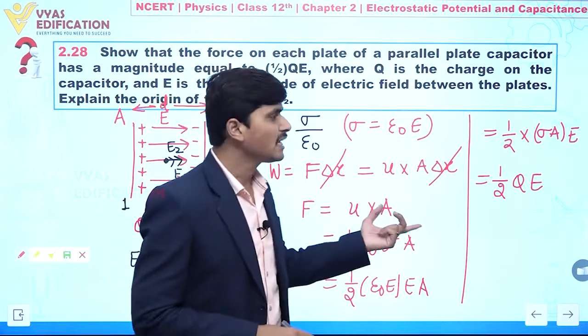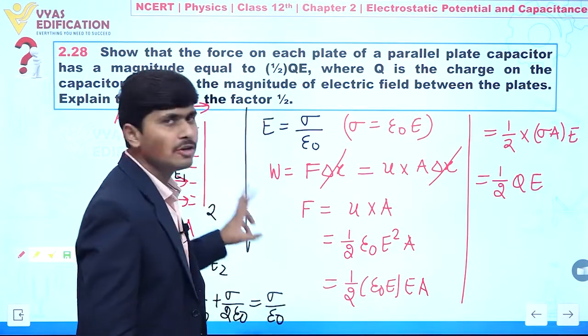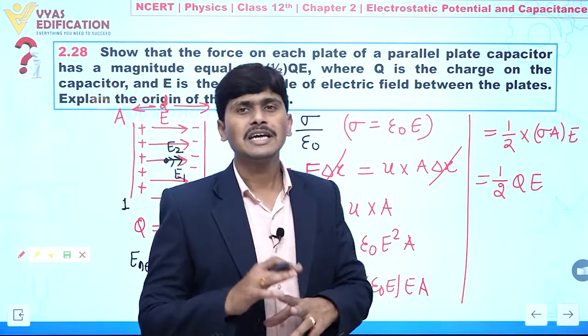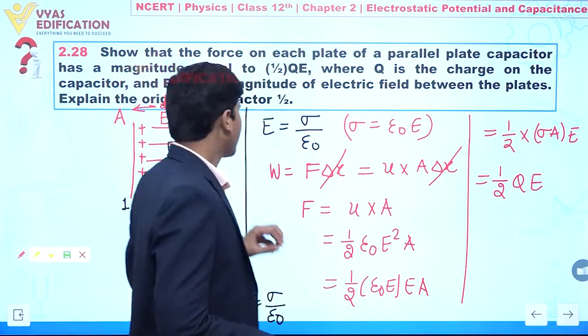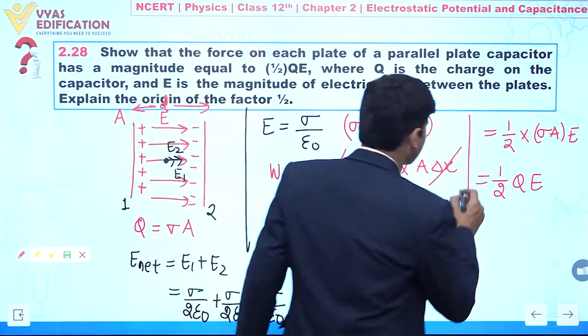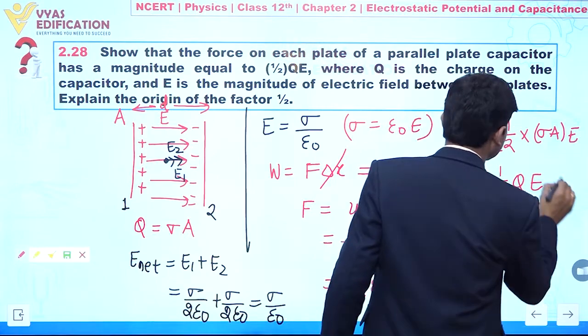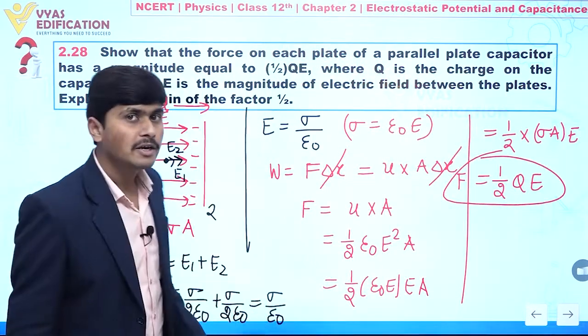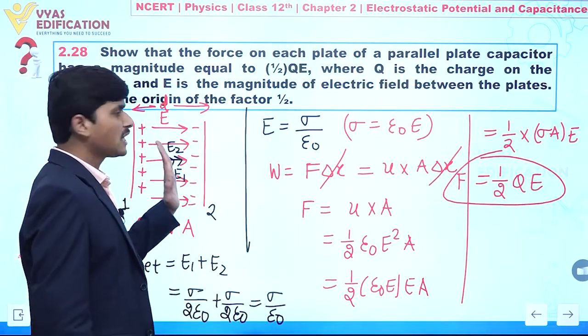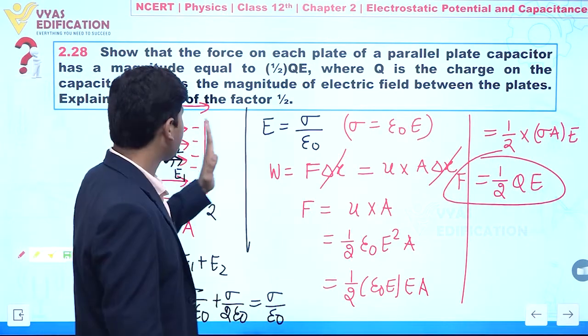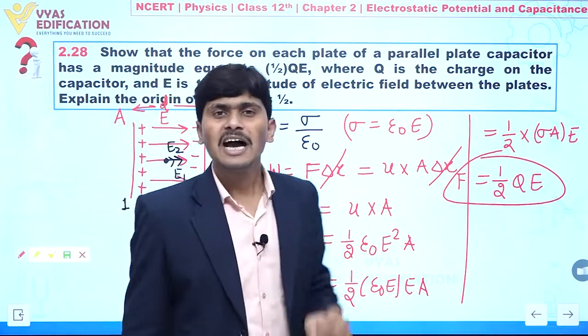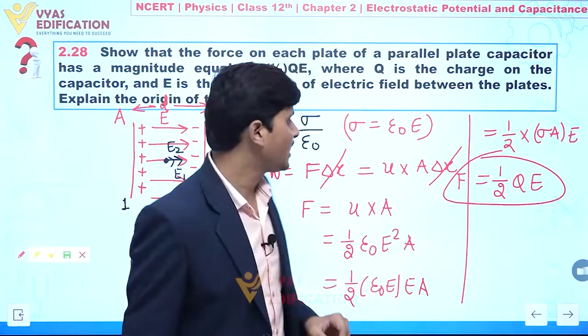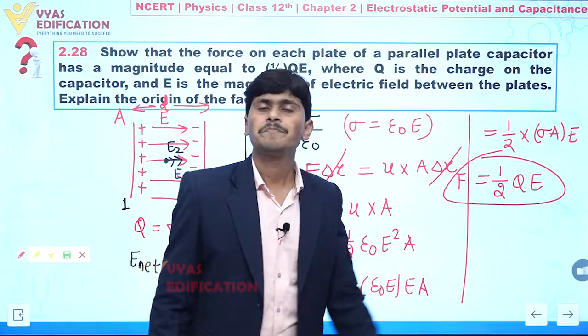So this half indicates that we are taking the value of force from the average of the electric field. It means to the left side of this plate we have electric field E, and here we have 0. So we are taking the average value of the electric field, which is E by 2, and the force is given by 1/2 times QE.